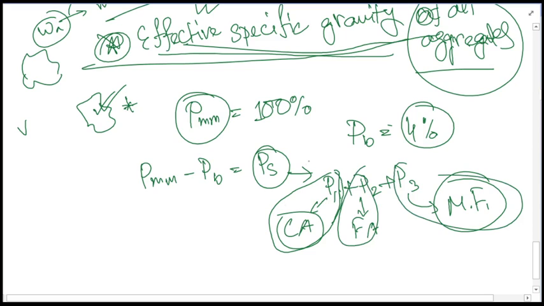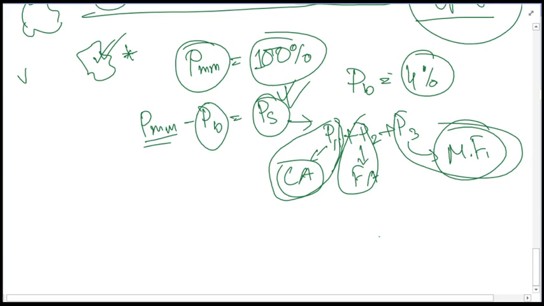So the summation of all these percentages of aggregates will give you the total percentage of aggregates, and this is total percent of bitumen, and these two will result in total mixture percentage, that is the 100%.